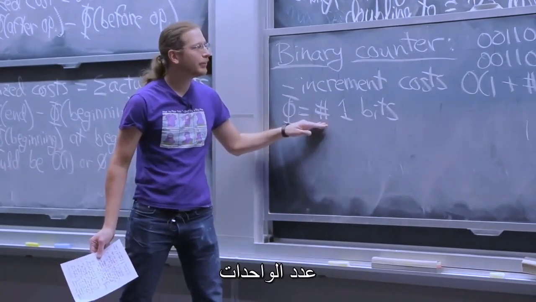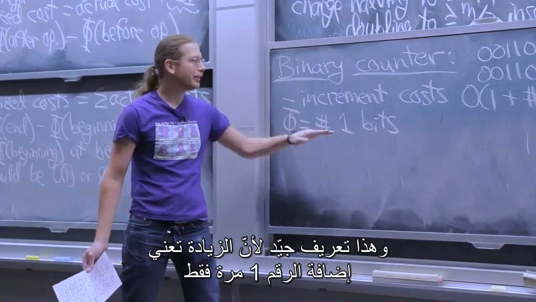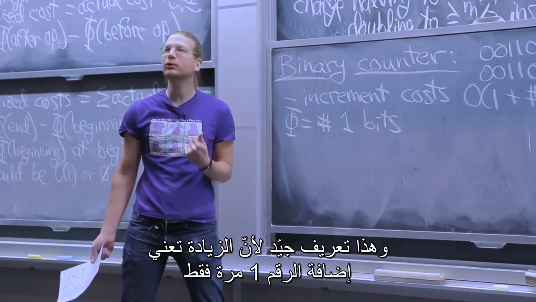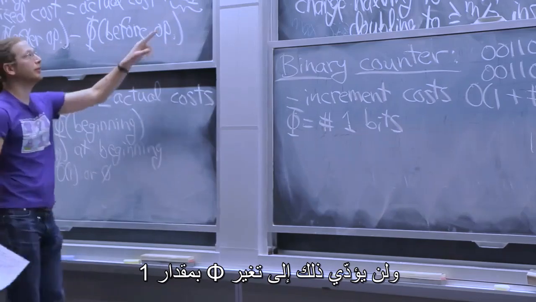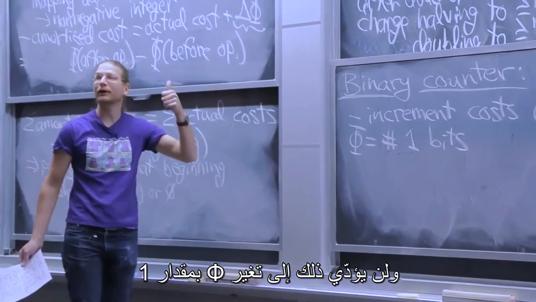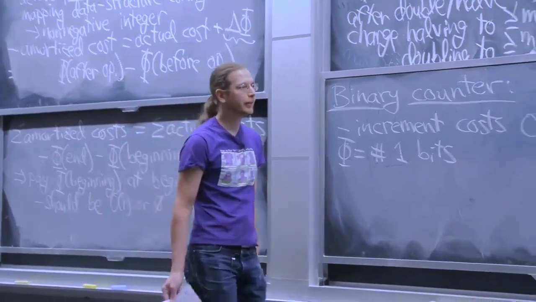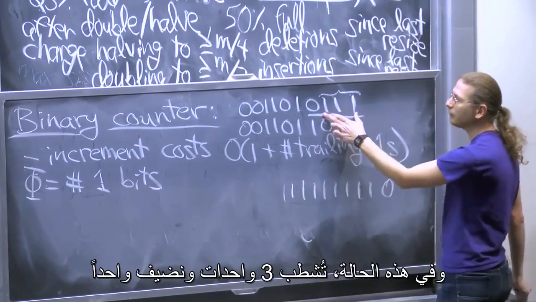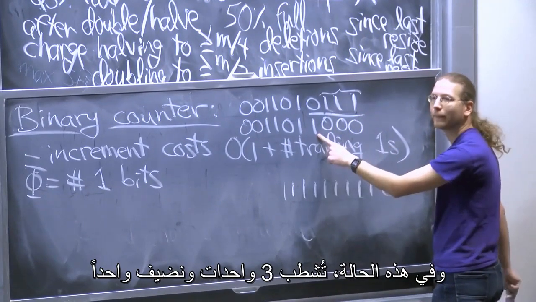OK, number of 1 bits. Intuitively, 1s are bad. And this is a good definition because when I increment, I only create one 1. So I'm not going to have this issue that phi goes up by a lot, that delta phi is really large. Because even in this scenario, if I increment, I only add one 1. In this scenario, I destroy 3 1s and add 1.